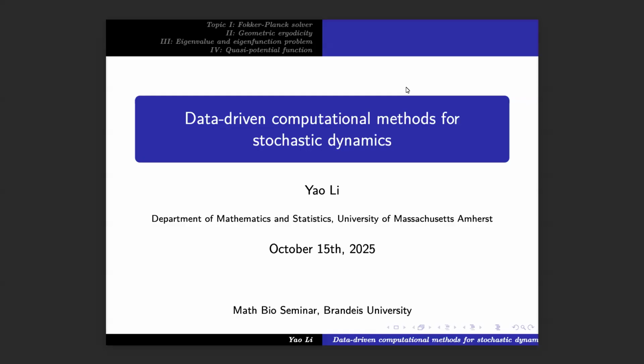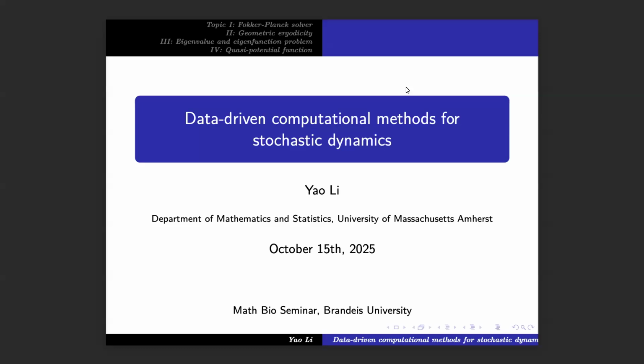Today I'm pleased to introduce Dr. Yao Li. He is currently an associate professor at the University of Massachusetts at Amherst in the Department of Mathematics and Statistics. He received a PhD in mathematics from the Georgia Institute of Technology and a Bachelor of Science in Mathematics from Shanghai Jiao Tong University.